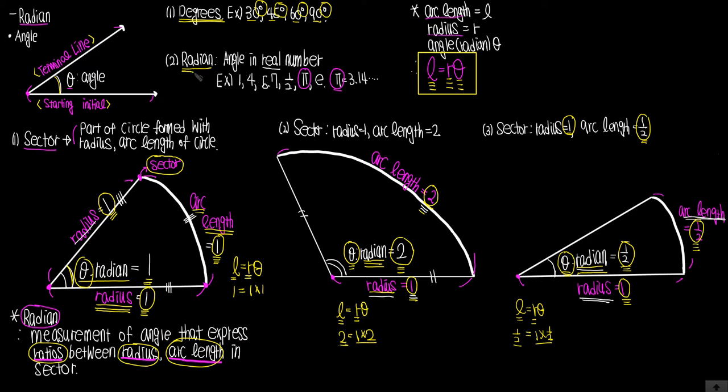However, for a radian, we're expressing the angle in terms of a real number. And a real number is just a number, such as 1, 4, 5, 5.7, which is a decimal, 1/2, which is a fraction, pi, and e.